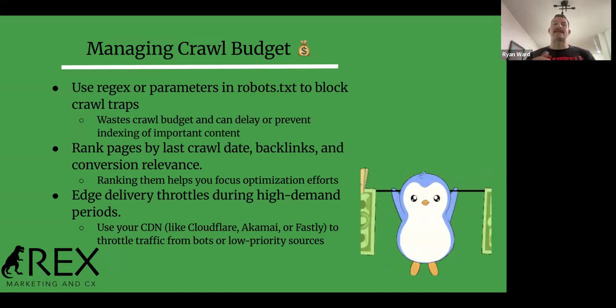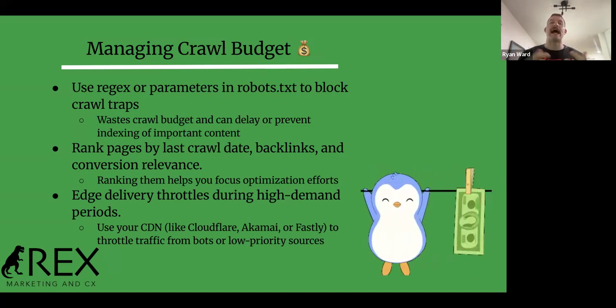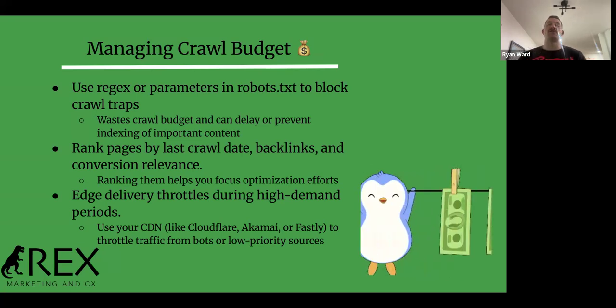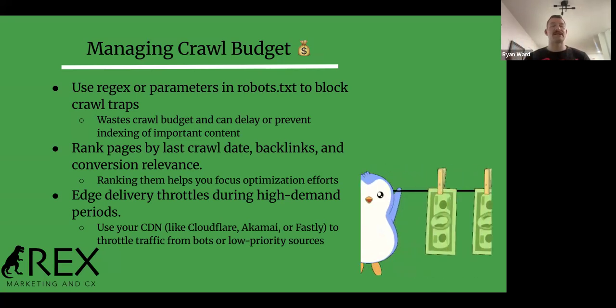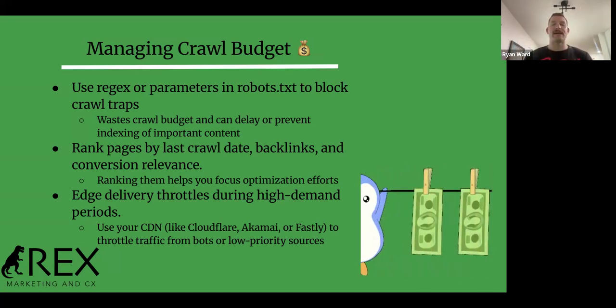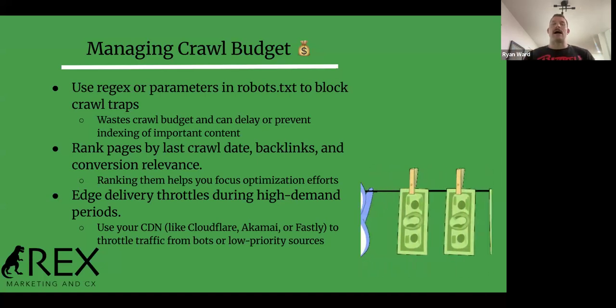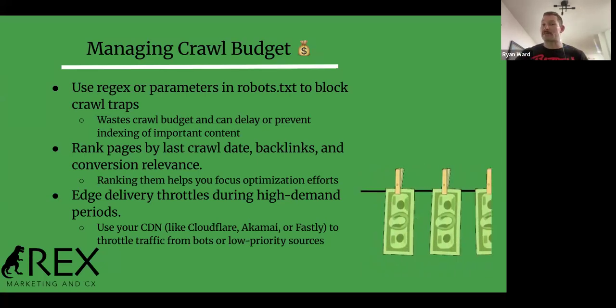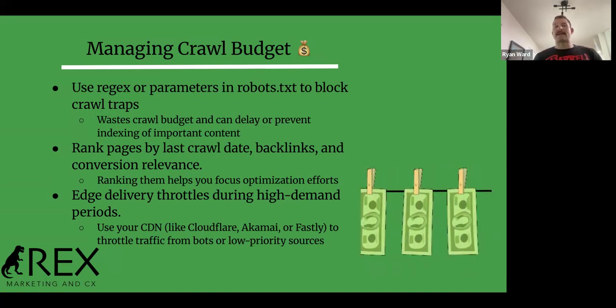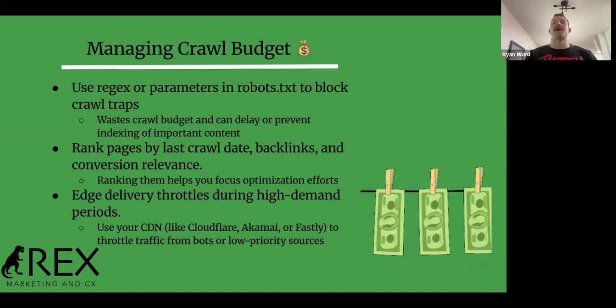So that being said, it's important to understand how to manage your crawl budget to ensure that the pages that you want to be seen by Google and be indexed are seen. You can use regex or regular expressions, if you're familiar with them, or parameters in robots.txt to block crawl traps.